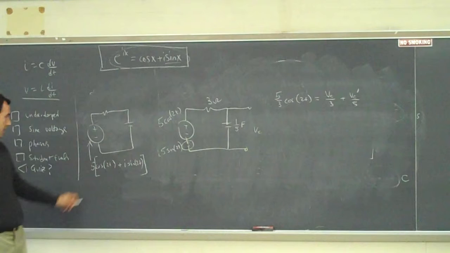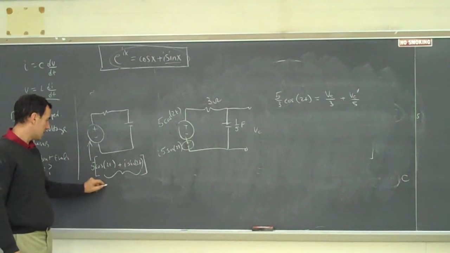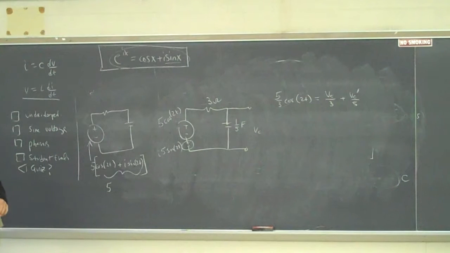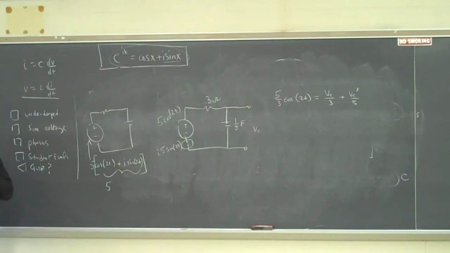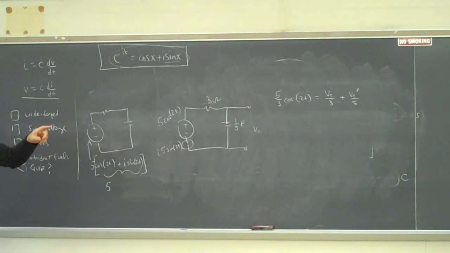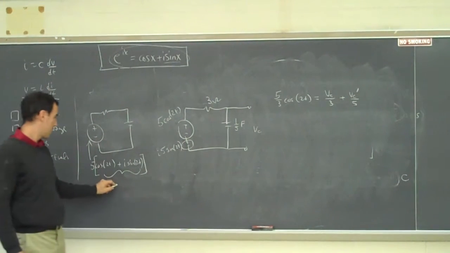Why do I do that? Because then I can replace this with something. What's the something I should replace that with? E to the I 2t. Yes.